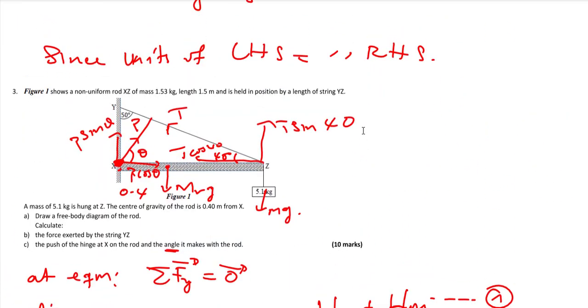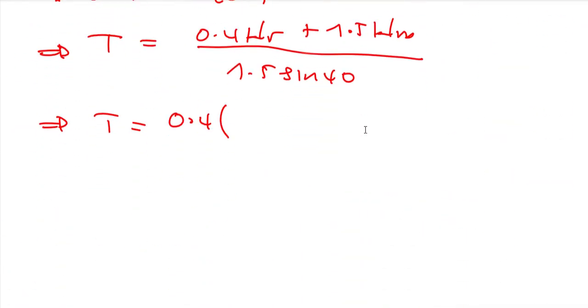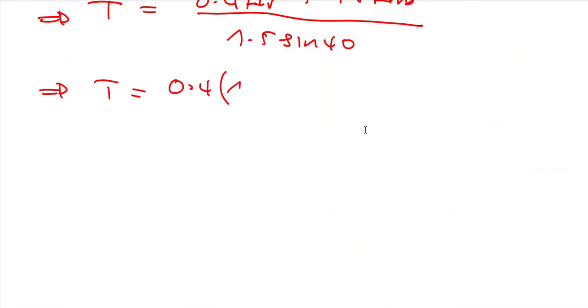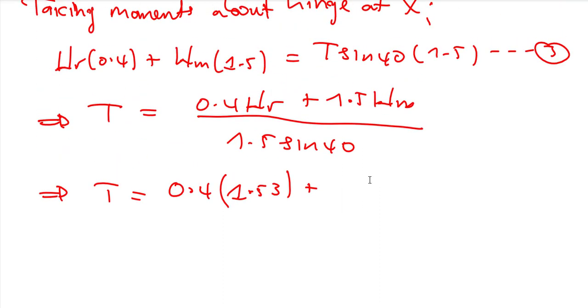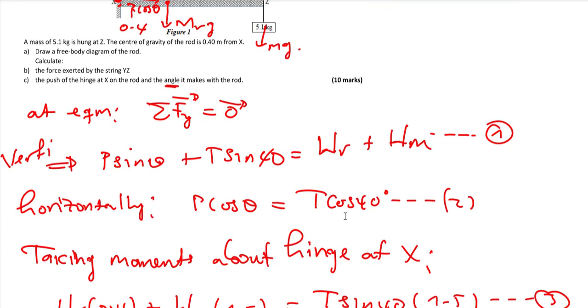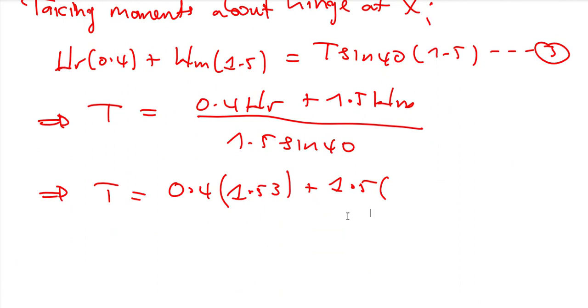The mass of the rod was given to be 1.53 kilogram, plus 1.5 times the weight of the mass, which is 5.1 kilogram. All of this divided by 1.5 sine 40.